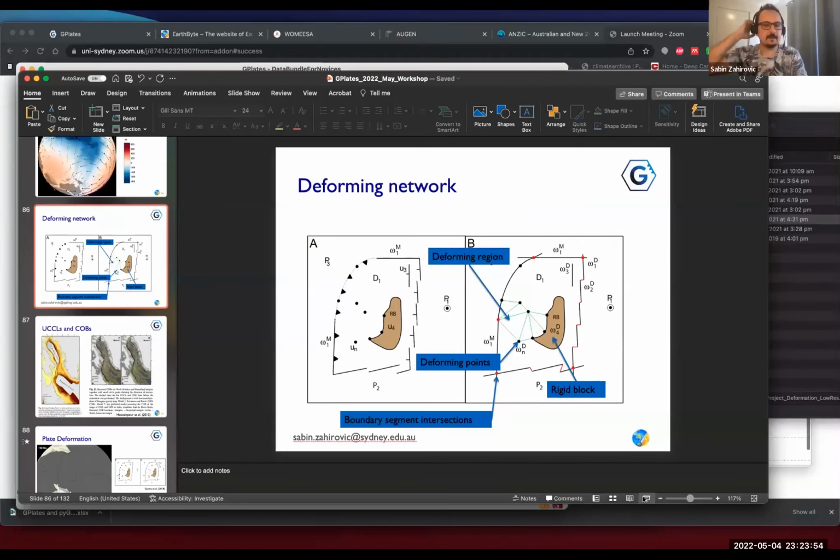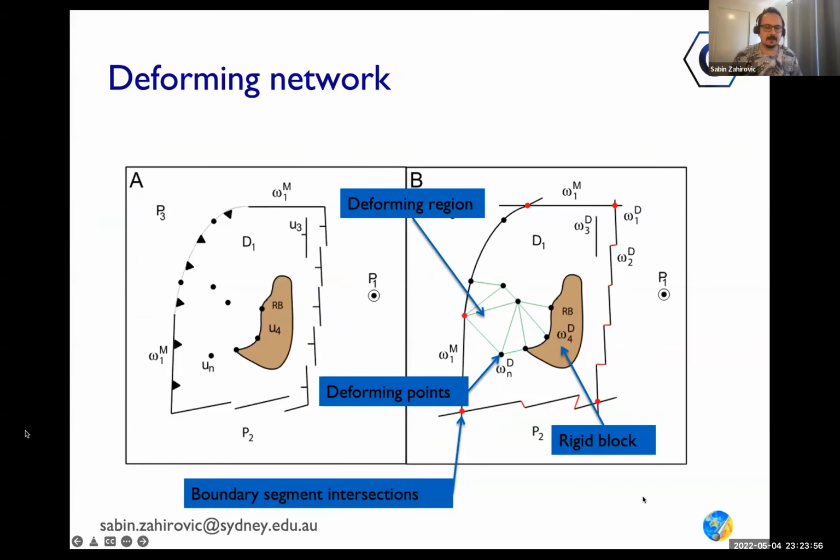The deformation is an extension of that topology philosophy, right? And it's the first software like this that is essentially deployed and can capture and track deformation. The way it works is quite similar to those rigid topologies, because what you can do is create the outside boundary of these deforming regions.